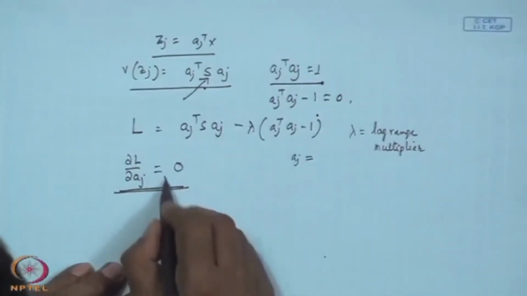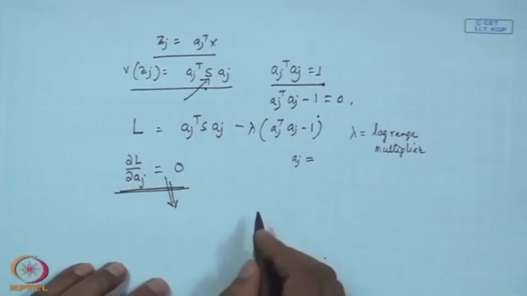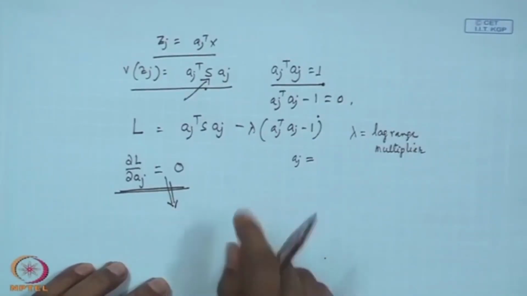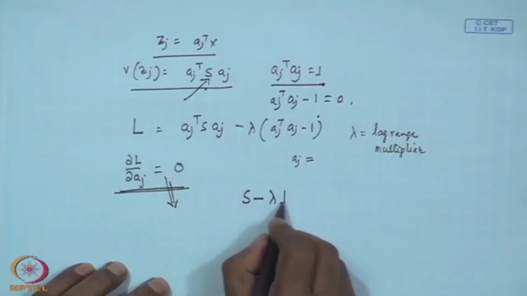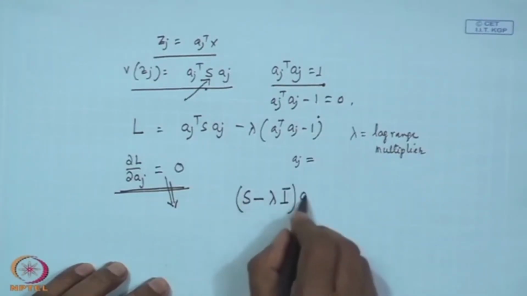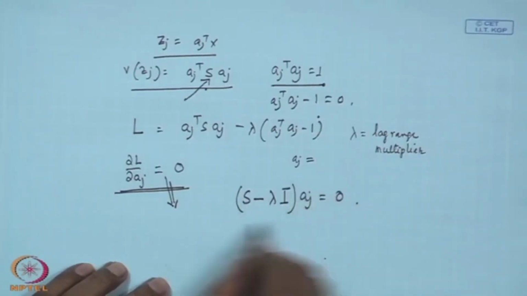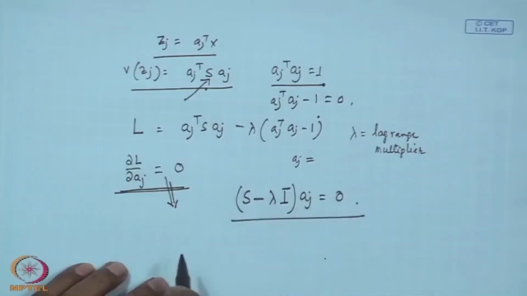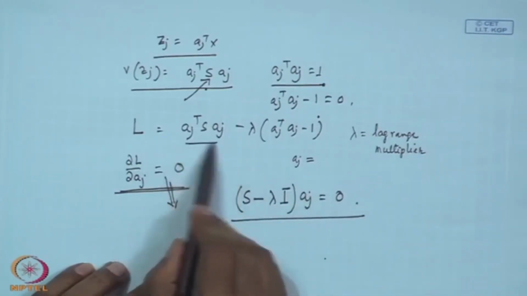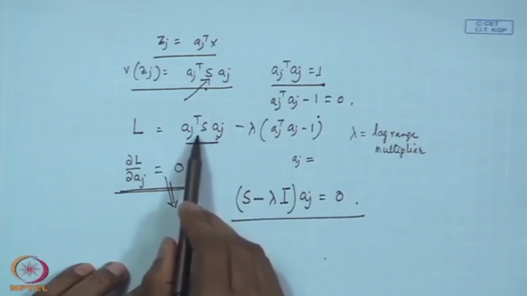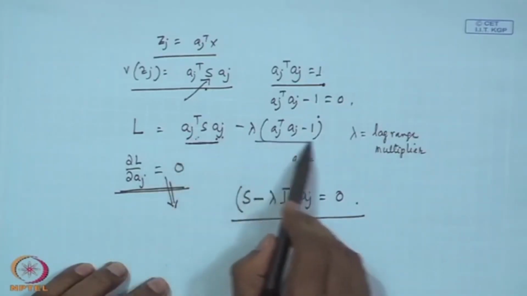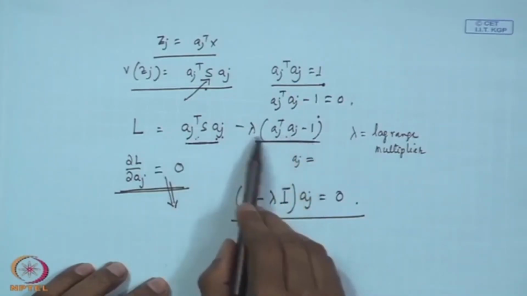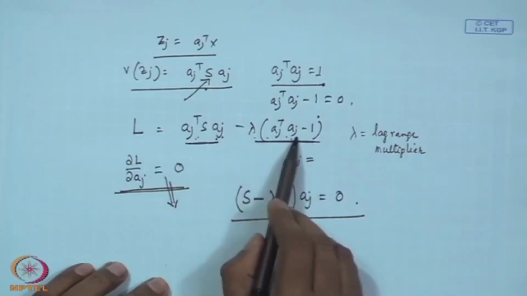So, this ultimately results in this equation: S minus lambda I into Aj equal to 0. If you take the derivative with respect to Aj, it will be 2 S Aj. The derivative of the other term with respect to Aj will be 2 lambda Aj.